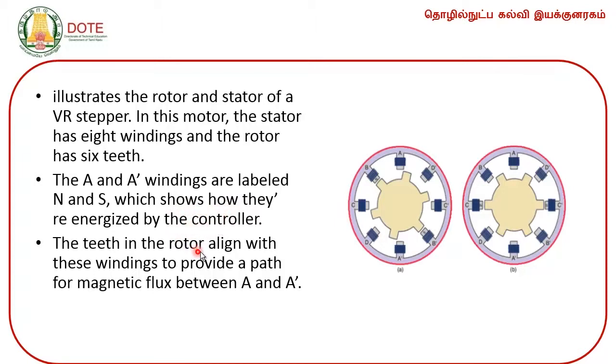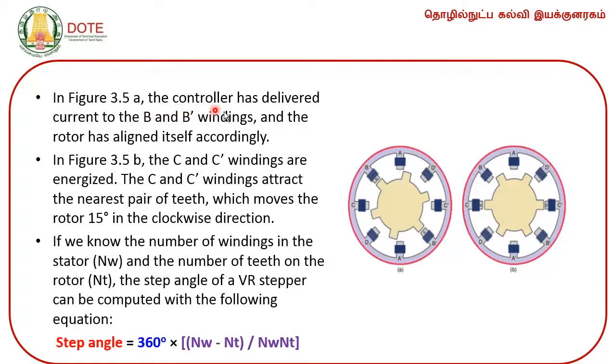The teeth in the rotor align with these windings to provide a path for magnetic flux between A and A dash. Then the controller delivers current to the B and B dash windings and the rotor aligns itself accordingly. In figure B, the C and C dash windings are energized, which moves the rotor 15 degrees in the clockwise direction.